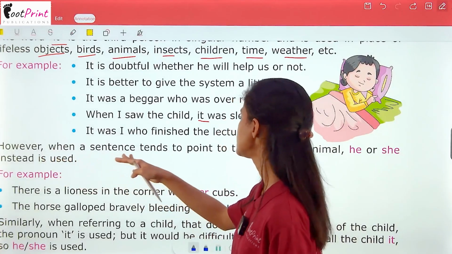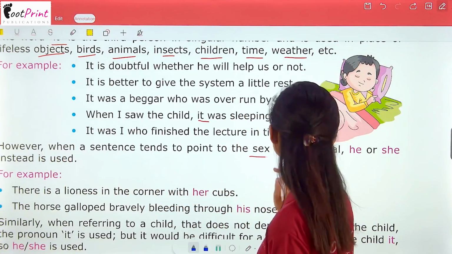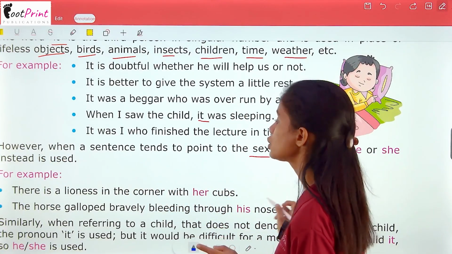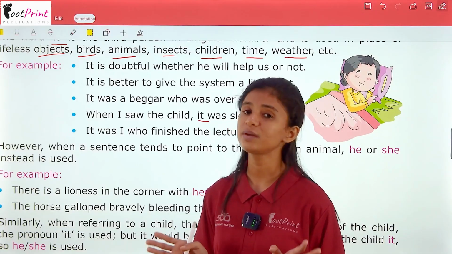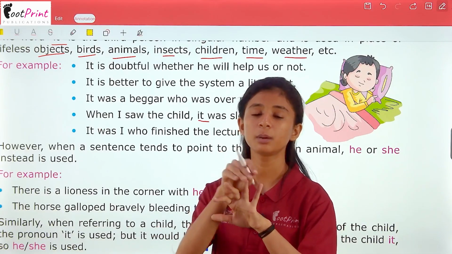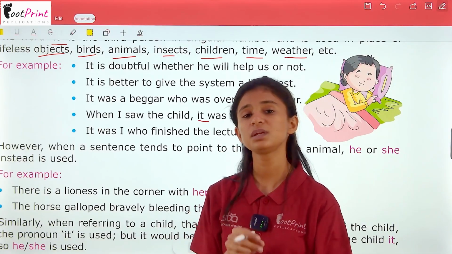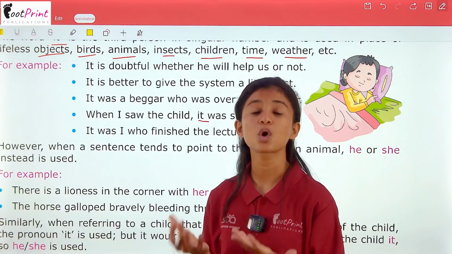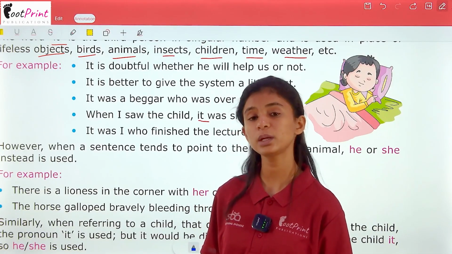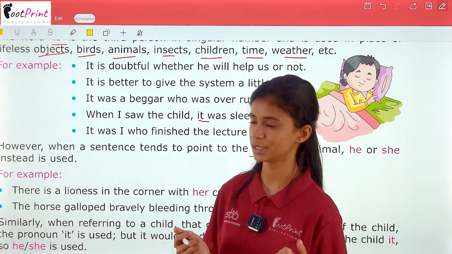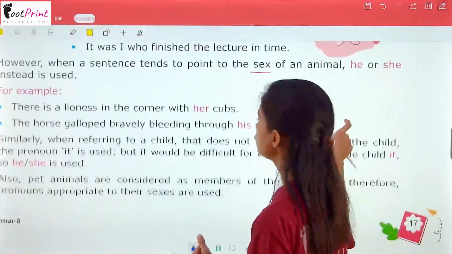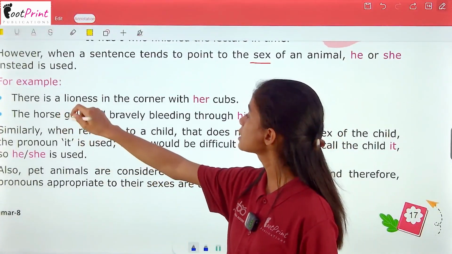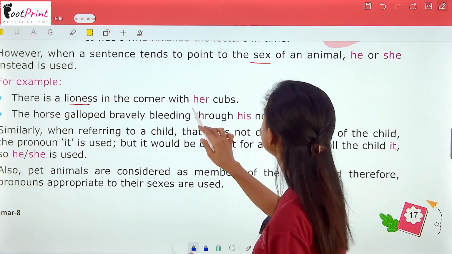However, when a sentence tends to point to the sex of an animal, he or she is used instead. When we don't know the gender of an animal, a bird, an insect, we will use it. But when we are talking about its gender, then only we will use he or she. Alright? For example, there is a lioness in the corner with her cubs.